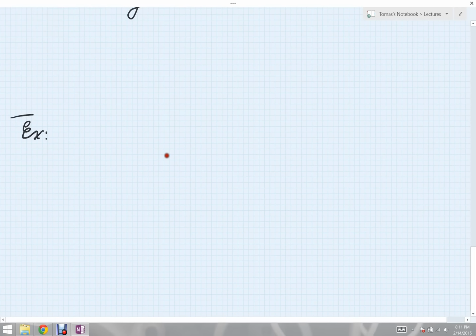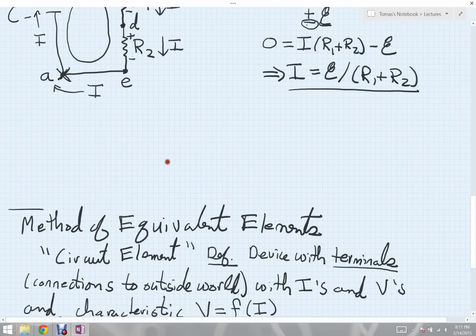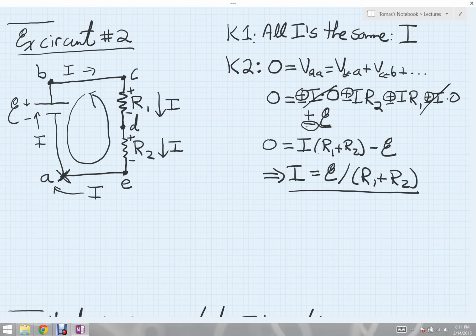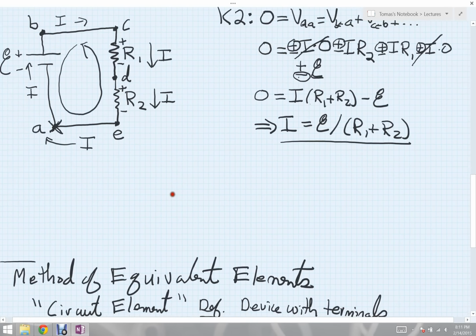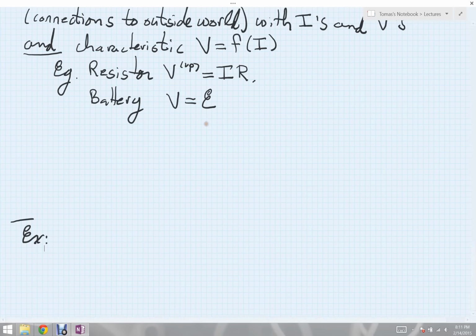If I go and look at my circuit, I went from this point C, near the top of the circuit, to this point E. And the idea now is I want to cut these two resistors out of my circuit and try to view them as a circuit element of themselves. So I'm just going to take everything between C and E out of my circuit and try to study that and replace it with some kind of an equivalent element.